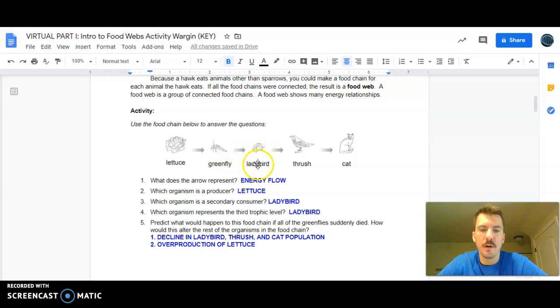The ladybird is the secondary consumer, the second consumer. Which organism represents the third trophic level? It's also the ladybird. When we consider trophic levels, you have to consider the autotroph, the lettuce. So that's 1, 2, 3 trophic levels.